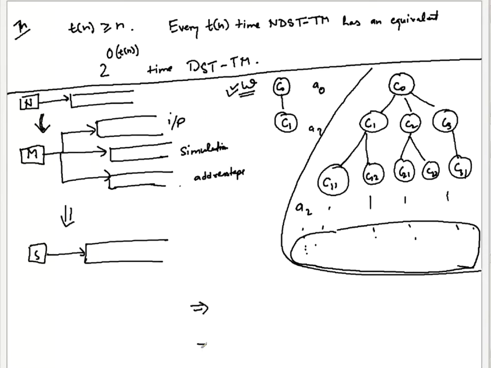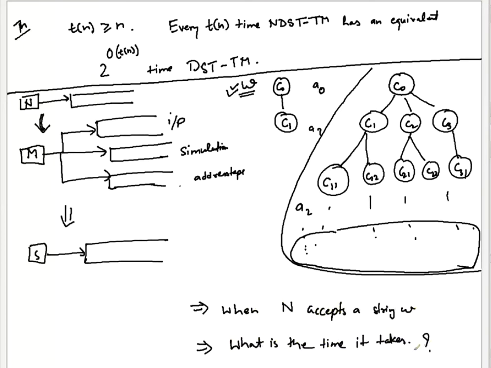You need to understand two things: when N accepts a string w, and what time it takes. Shubham is saying any one computation path accepts. What do you mean by a computation path that accepts? Define that.